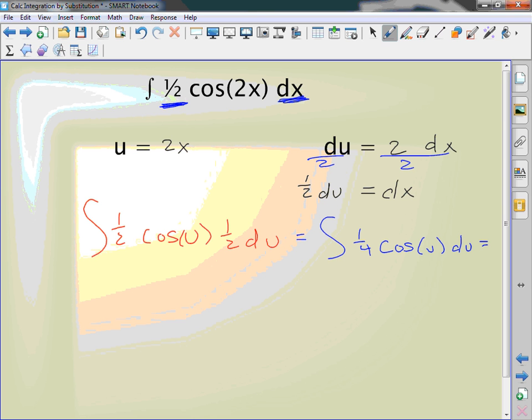Take the integral. Take the antiderivative. Negative 1/4 sine of u plus c.